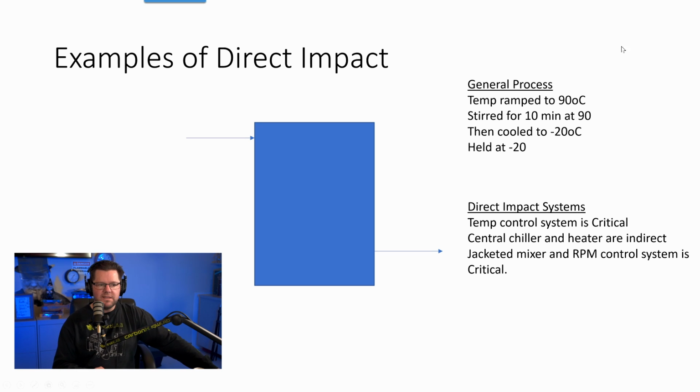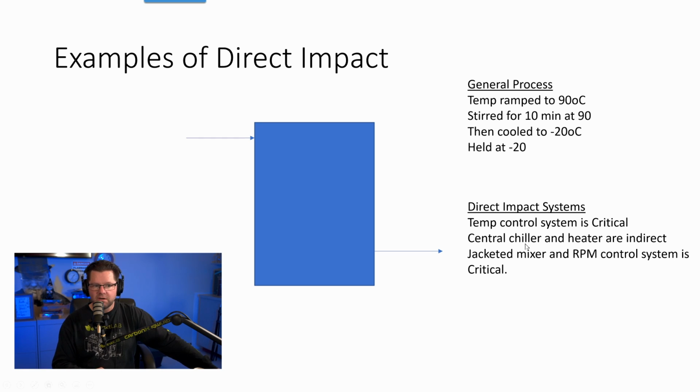In this case, the temperature control system is deemed critical by my risk analysis because I have to hit those temperatures. The temperature control system itself would undergo a commissioning, and it would also undergo a qualification, because it would be a direct impact specific to the quality and the criticality of the system.